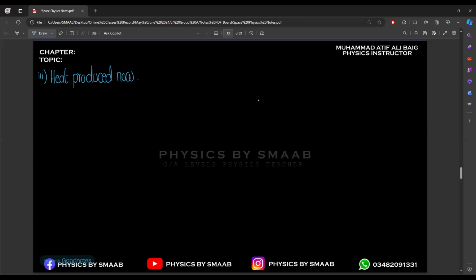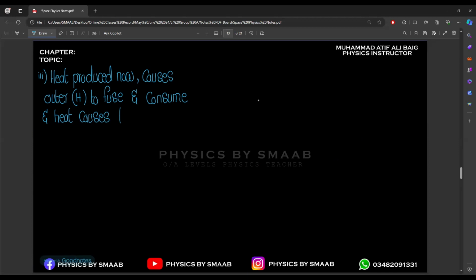Now the heat produced causes the outer hydrogen to fuse and be consumed, and the heat causes the expansion to accelerate.